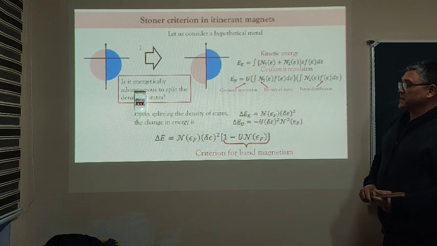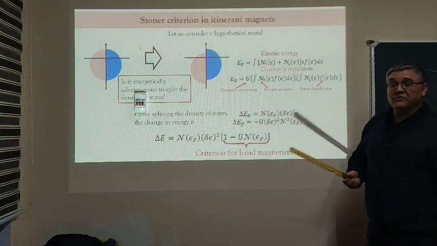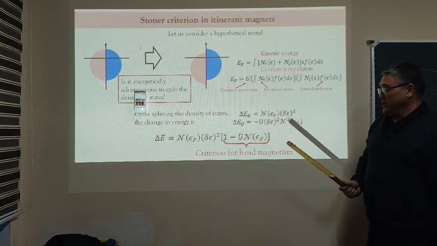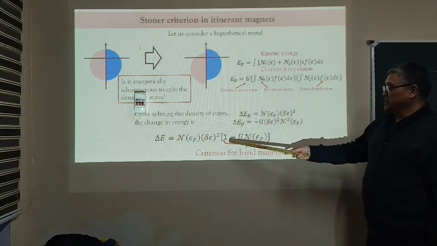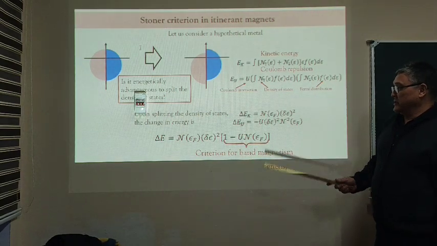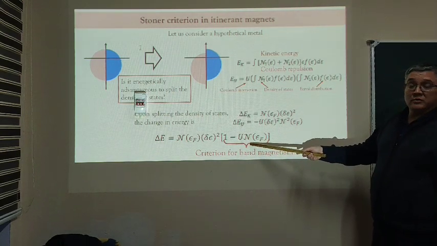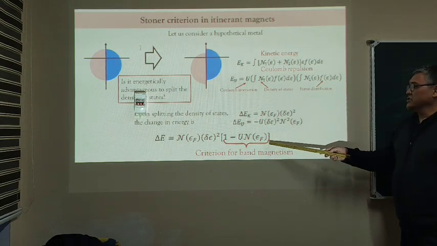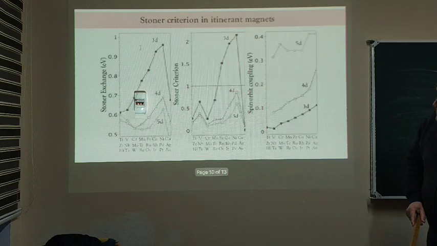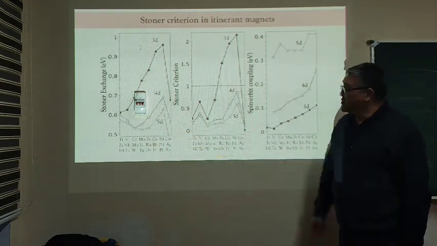So if delta E is less than 0, it favors this structure, and this corresponds to the stable structure. In this case, the expression in square brackets should be less than 0, and this is the criterion for a band magnet. So U times the number of states at Fermi energy has to be larger than 1. So let us consider this for these 3D, 4D, and 5D elements.